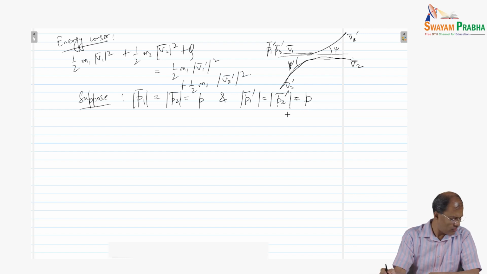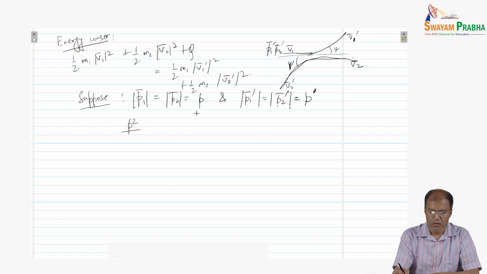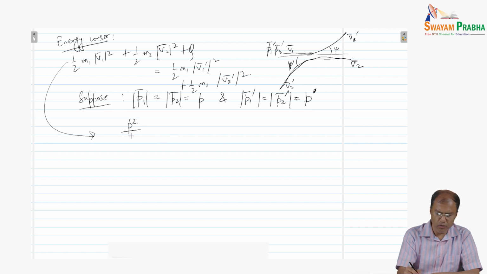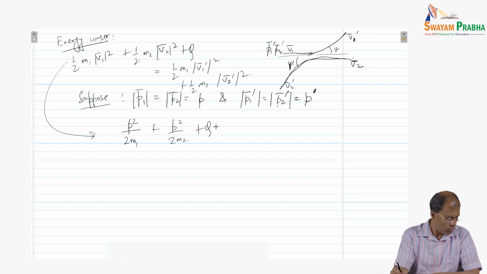Let me call this P prime. So this P prime can certainly be different from P. Now if we were to write the energy conservation equation in terms of the momentum, we see that P square by 2m1 plus P square by 2m2 plus Q is equal to P prime square by 2m1 plus P prime square by 2m2, right?